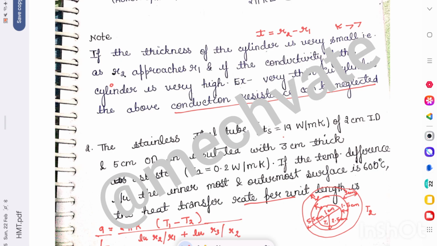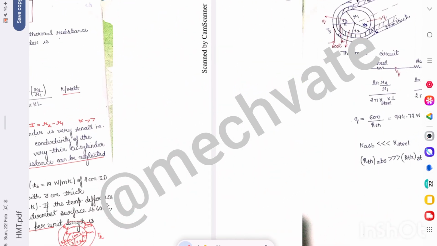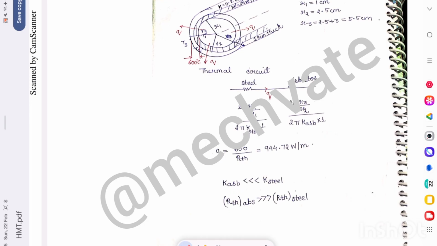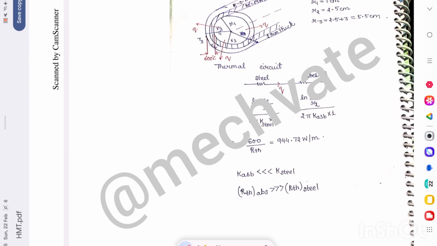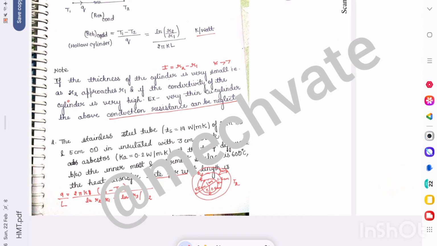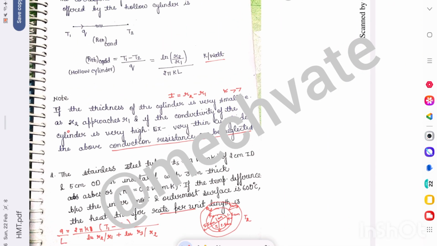Just a second, one thing more: the conductivity of both materials is different, so note this.